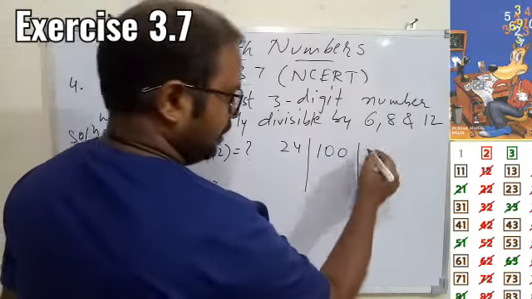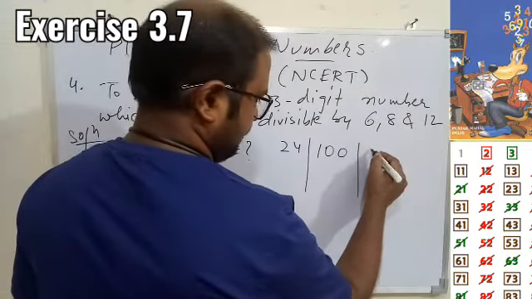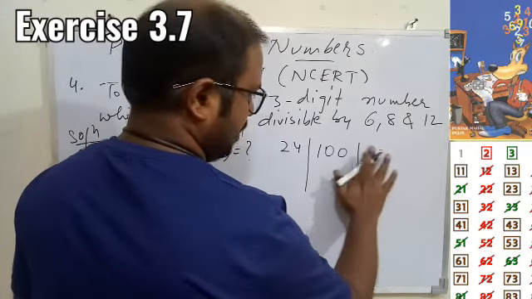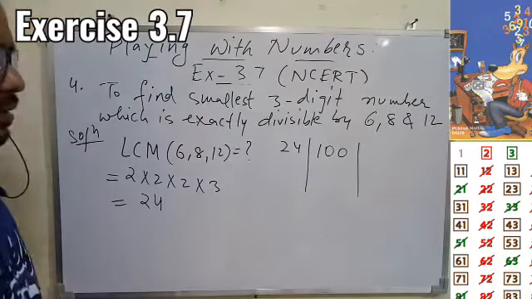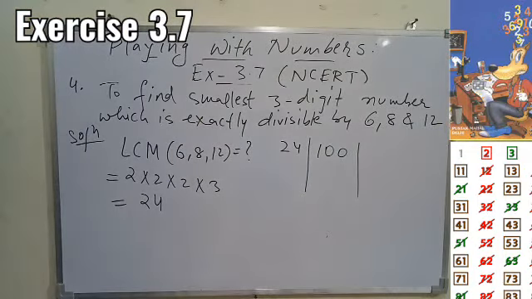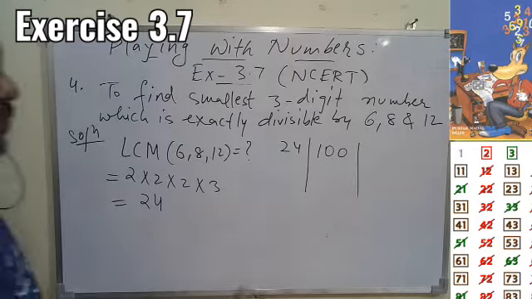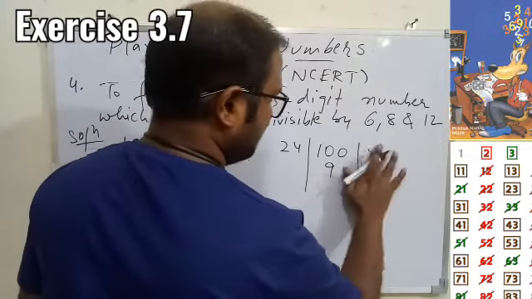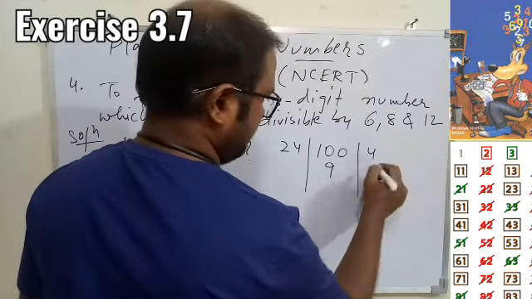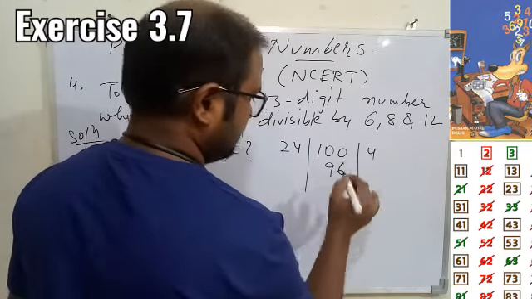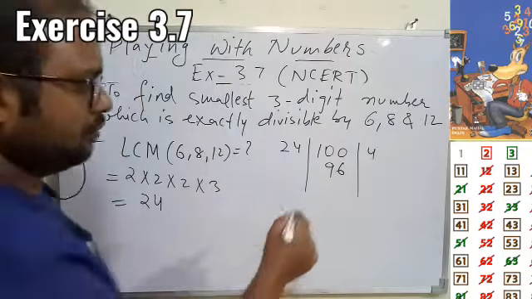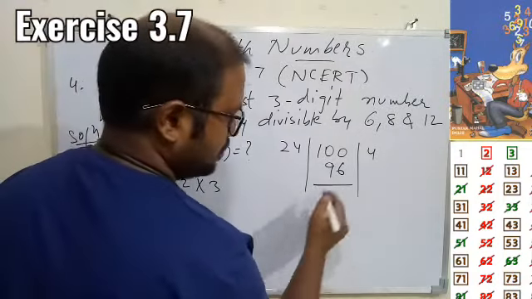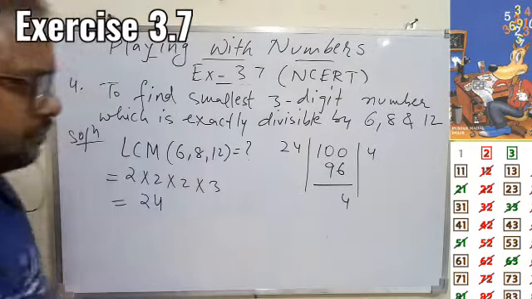So we have 24. How many times can we divide? Okay, 5 times, 90, 4 times I think, 96. So in 4 times 96, how much are we getting? 4.